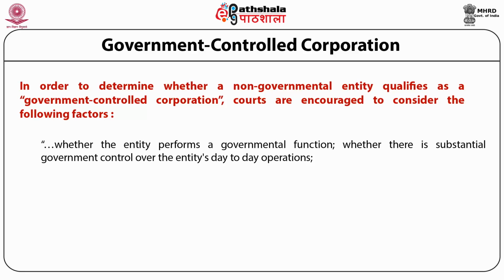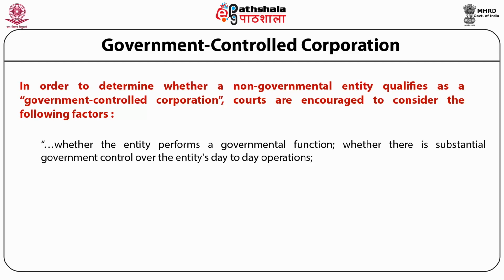Just funding, is it sufficient? Probably not. You have to look at the day-to-day control that the government exercises on that corporation, and if the government exercises that control over that corporation, essentially what they say is that becomes a government-controlled corporation, and all documents and information held by that government-controlled corporation will also be subject to the Federal Freedom of Information Act in the United States.